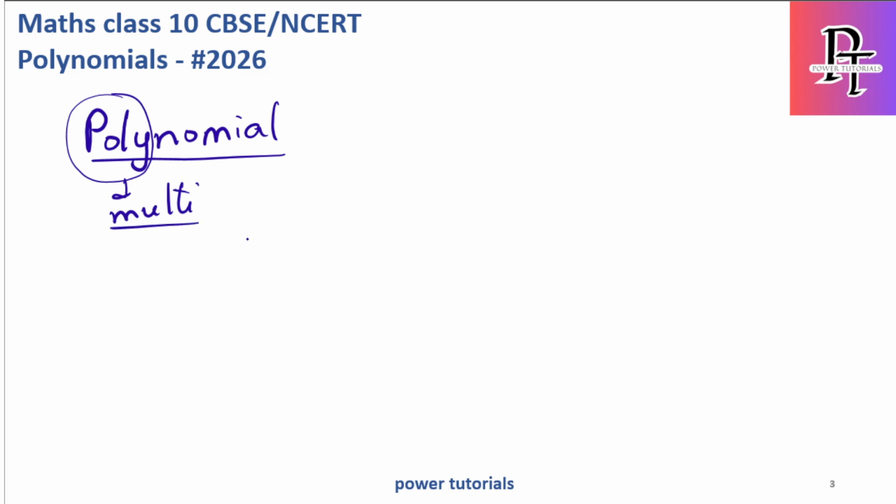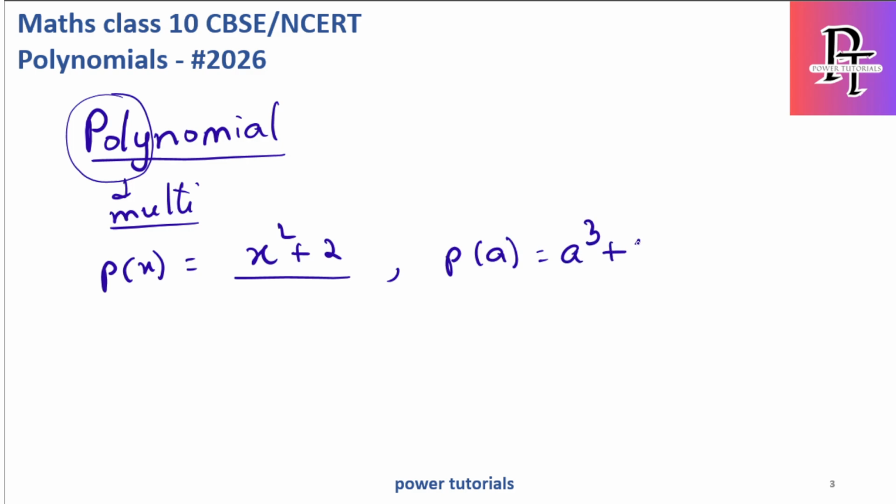For example, if I have an equation something like x square plus 2, and I am writing it in terms of the variable x, I can write it as p of x. It's not like every variable should be x, it can be any variable. I can also say p of a is equal to a cube plus 4a square plus 3. This is also another polynomial where the variable is just changed to a.